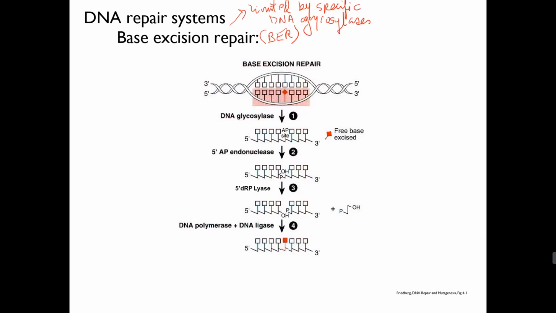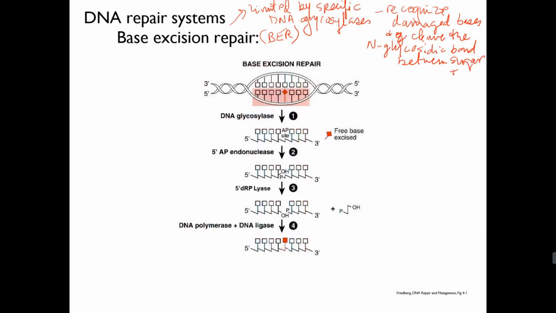And what the DNA glycosylases do is that they recognize the damaged bases and they cleave the N-glycosidic bond between the base and the sugar. Okay, so they recognize the damaged bases and cleave the N-glycosidic bond between the sugar and the base.